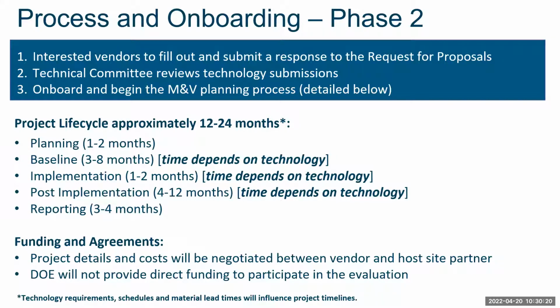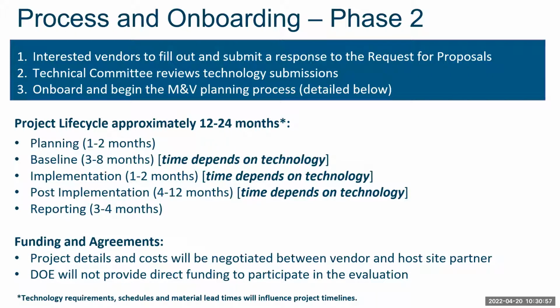So processing and onboarding, we'll be reviewing the RFPs in July and hopefully making selections towards the end of July. And with phase one, we found the whole project life cycle varies quite a bit. Some of the phase one projects, we were able to use existing data to establish the baseline, so we were able to skip over some steps.